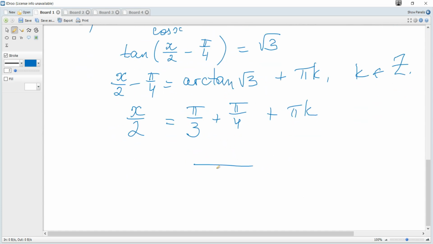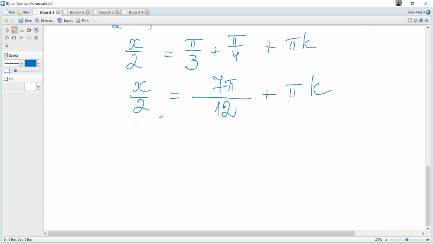Pi over 3 plus pi over 4, it's what? Common denominator, it's 12. 4 pi plus 3 pi, it's 7 pi over 12 plus pi k, equals x over 2. And finally, just multiply each term by 2 to get x is 7 pi over 6 plus 2 pi k.